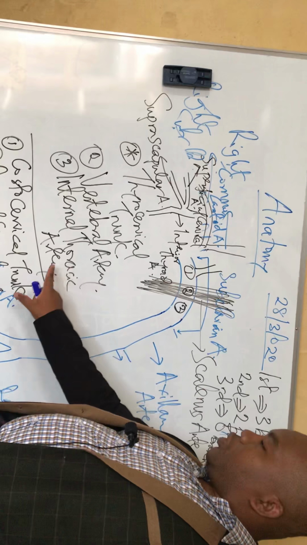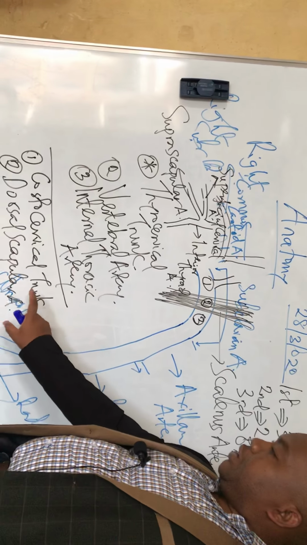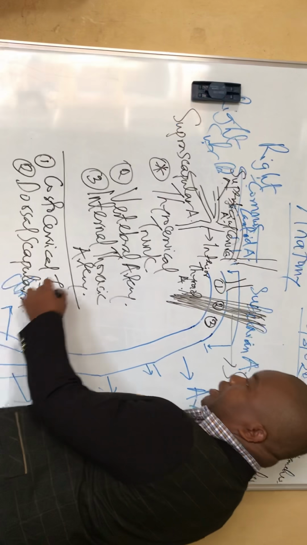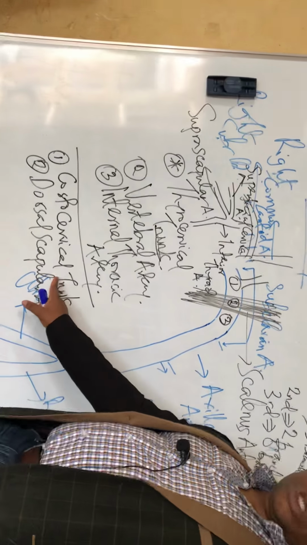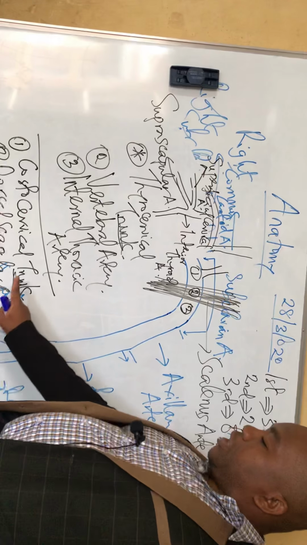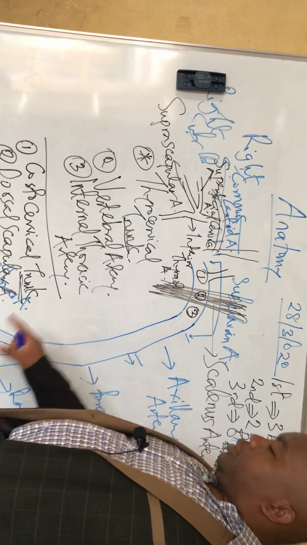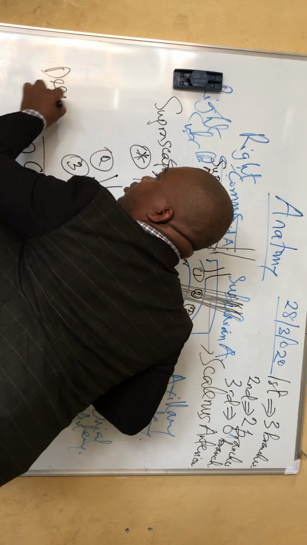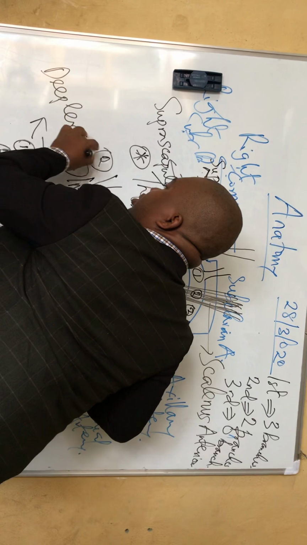Then you now move to the costo-cervical trunk. See another trunk here? That's another trunk. The costo-cervical trunk will give rise to what is called the deep cervical artery.